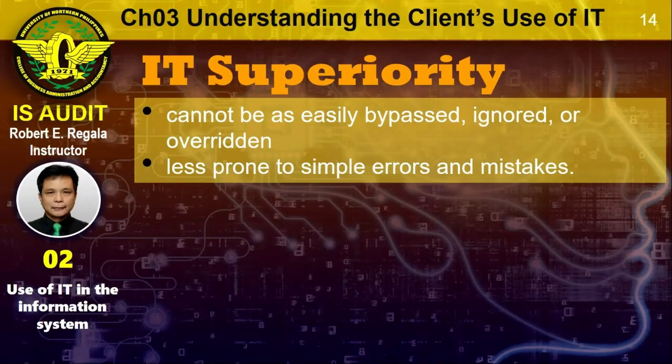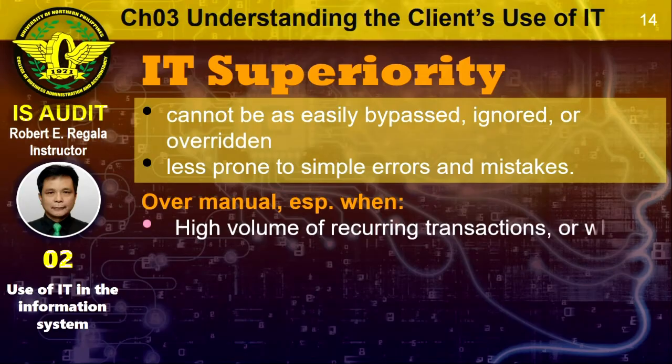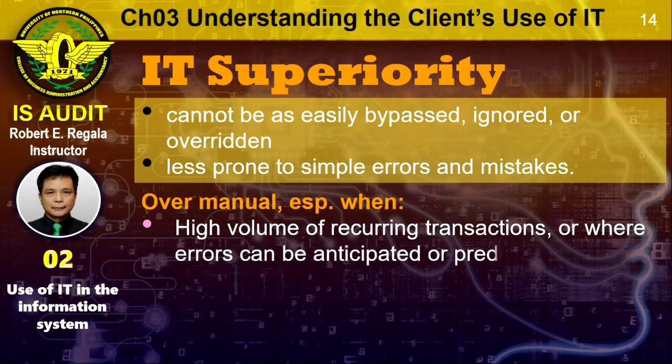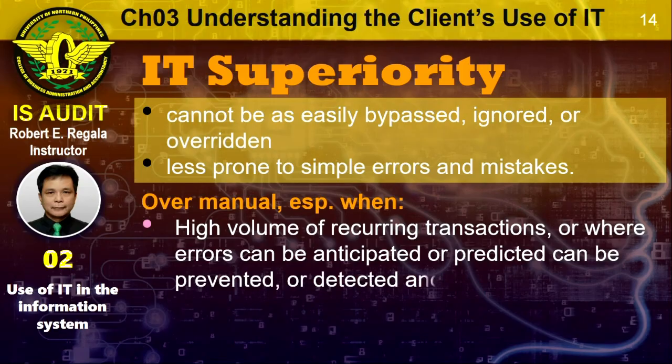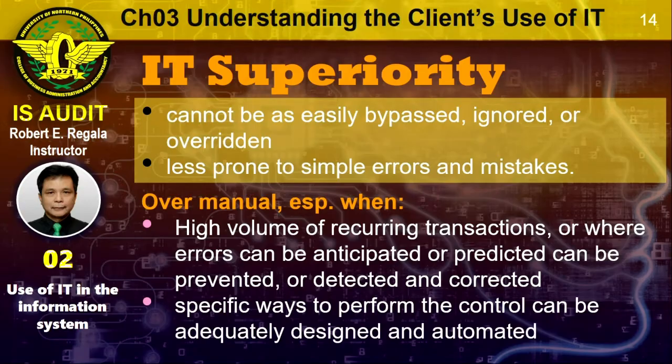Automated controls may be more effective than manual controls in the following circumstances: high volume of recurring transactions, or in situations where errors that can be anticipated or predicted can be prevented or detected and corrected through automation, and controls where the specific ways to perform the control can be adequately designed and automated.